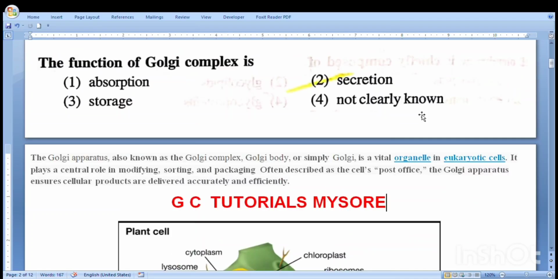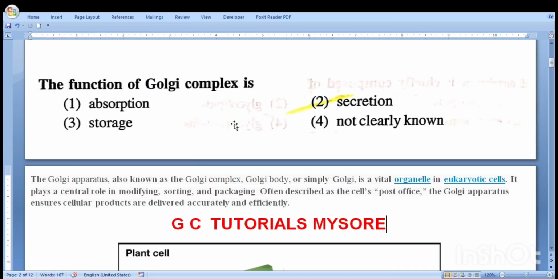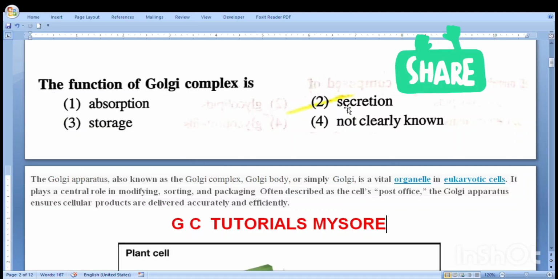Here we have one question. The function of a Golgi complex is absorption, secretion, storage, or not clearly known. The exact function of the Golgi apparatus is secretion.